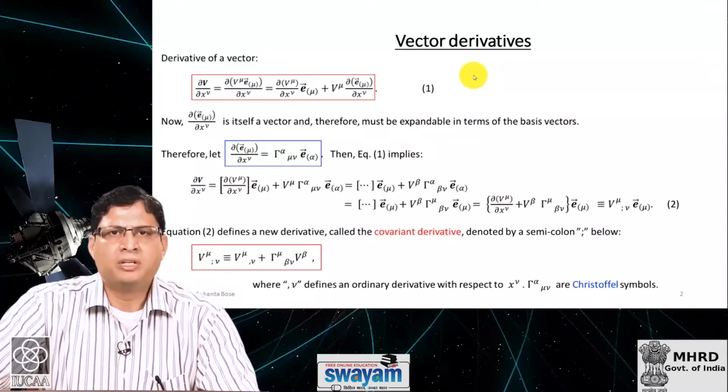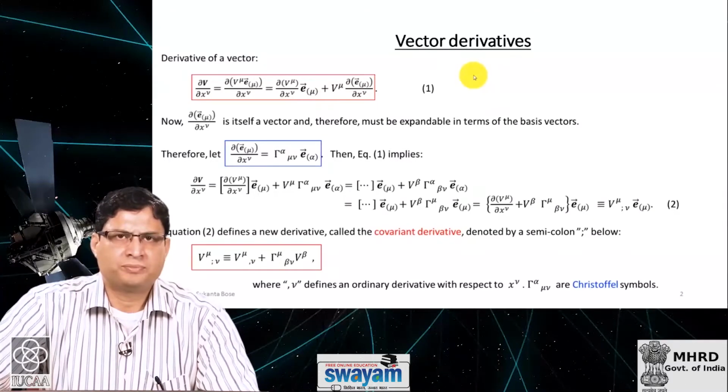So in Euclidean geometry in Cartesian coordinates, when the e mu's are all fixed both in magnitude and direction, the second term, namely this term here, goes to 0 identically, which is why we are used to dealing with only the derivatives of the vector components, never worrying about this second term.